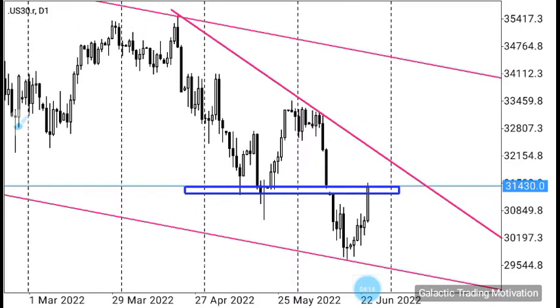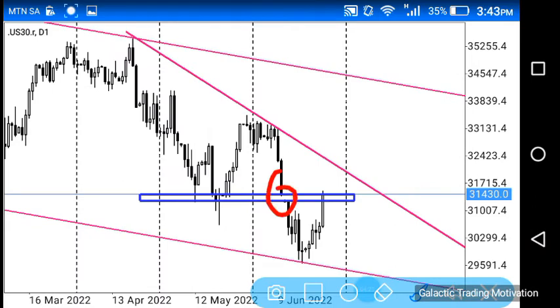So what else do we see on the chart that is interesting? We had in this region a gap, as you guys can see, and it may be that this whole move to the upside was to just grab that liquidity that was sitting up there.